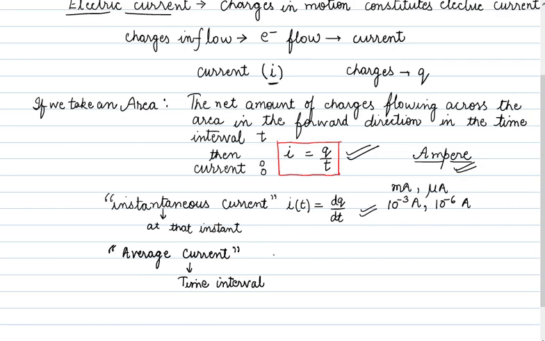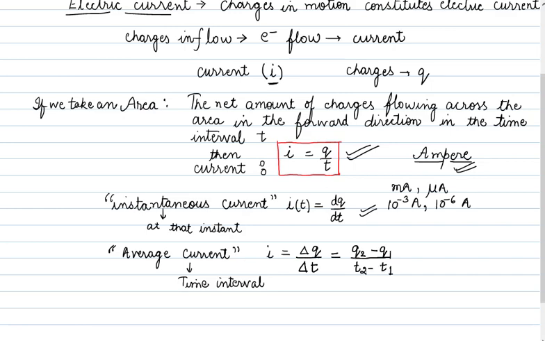So whenever you need to calculate the average of the current, we write down the current I, the electric current, as the variation in the charge with respect to the variation in the time. This delta always symbolizes variation or change. So if there is a change in the time interval, say the final charge is Q2 and initial is Q1, so this is Q2 minus Q1, and the time interval is T2 minus T1.